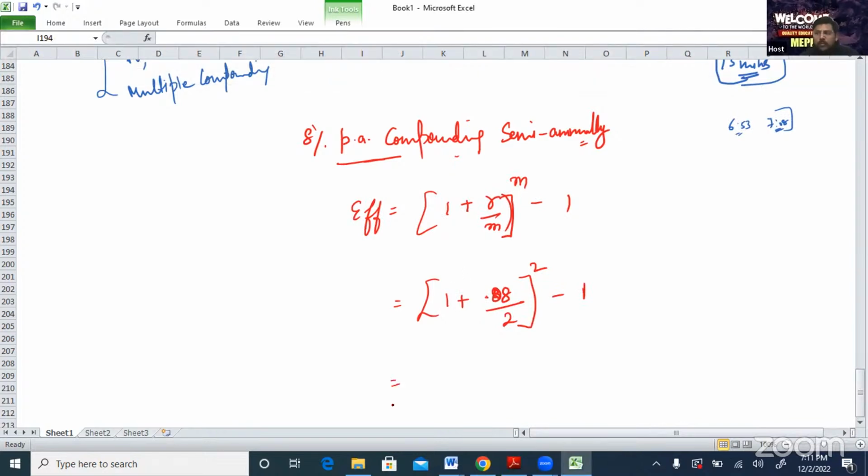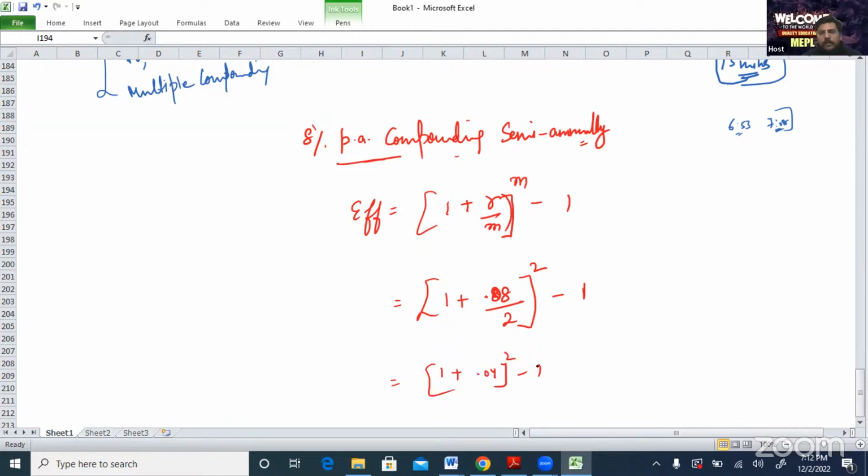So I know how to solve it on the calculator, because I have converted it into algebraic operating system. It will be 1 plus 0.04, raised to the power 2, minus 1. Let me do it: 1 plus 0.04 becomes 1.04. Then y raised to the power x, and then 2, equals.